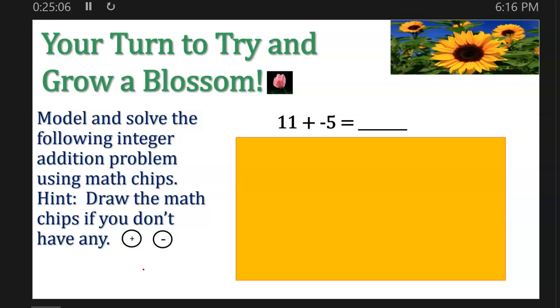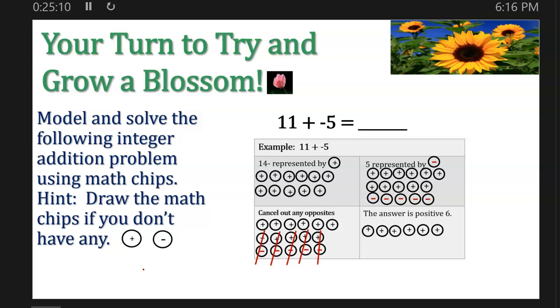Okay, here's an example of chips being used to solve this integer addition problem. So we have 11 positive chips here, okay? And then we added negative chips to that, which is negative 5 chips here, the ones in red.